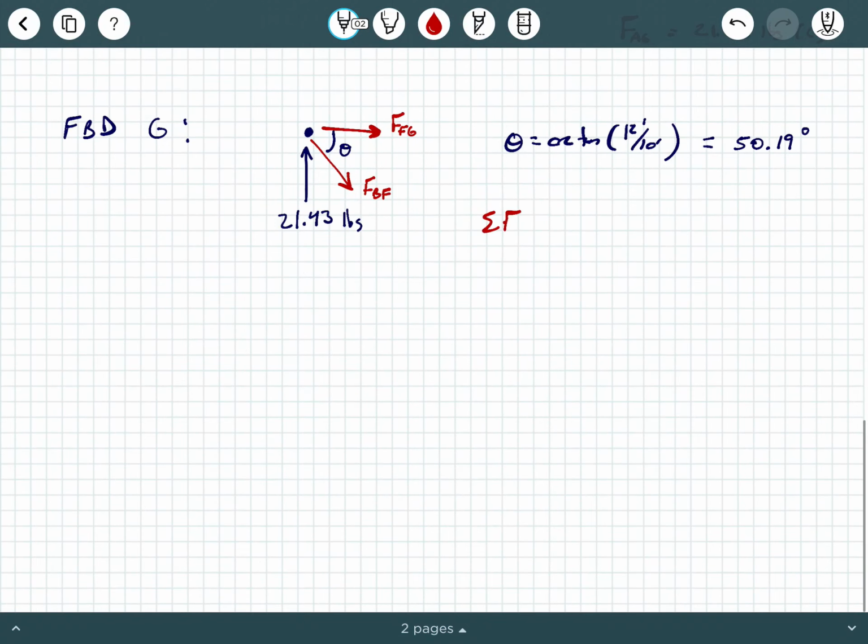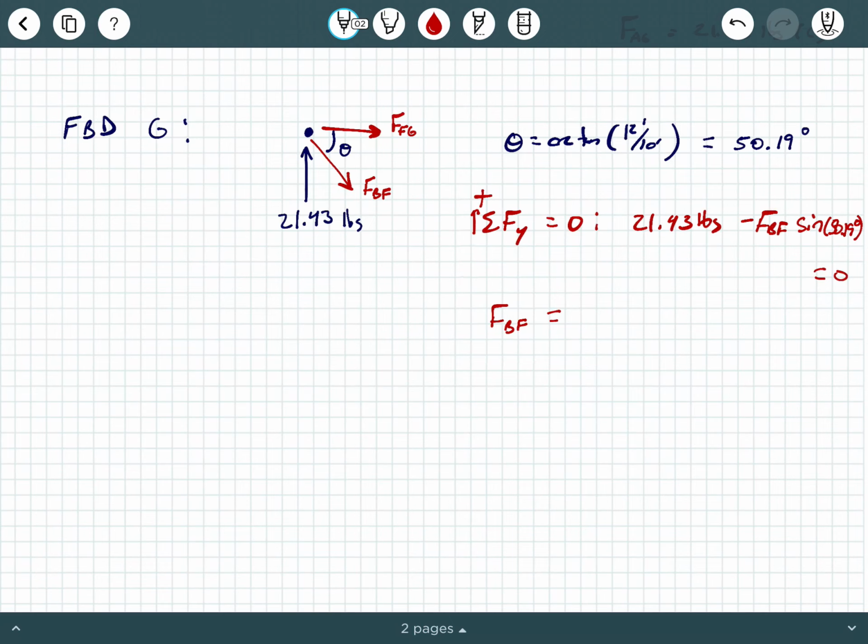All right, so what do we do next? We're going to say sum of the forces in the y direction equals 0. And when we're here, we're going to say 21.43 pounds minus FBF times the sine of 50.19 degrees equals 0. FBF equals, and let's see what we get.